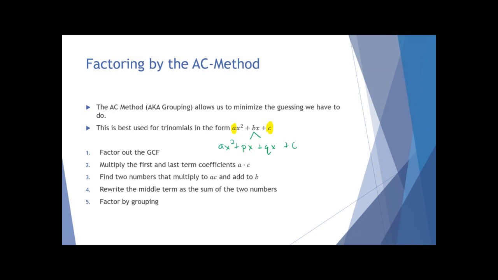So you're creating four terms, in a way that now you can factor by grouping, and it will always work out, presuming that you use the correct numbers. If you split it up p and q incorrectly, then you will get to a point in the grouping where it doesn't work, and that tells you that you messed up somewhere. So if you do this right, it will always work out.